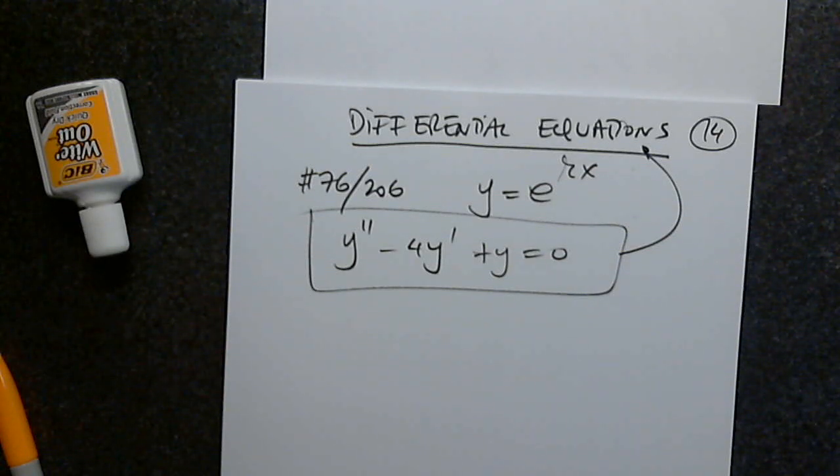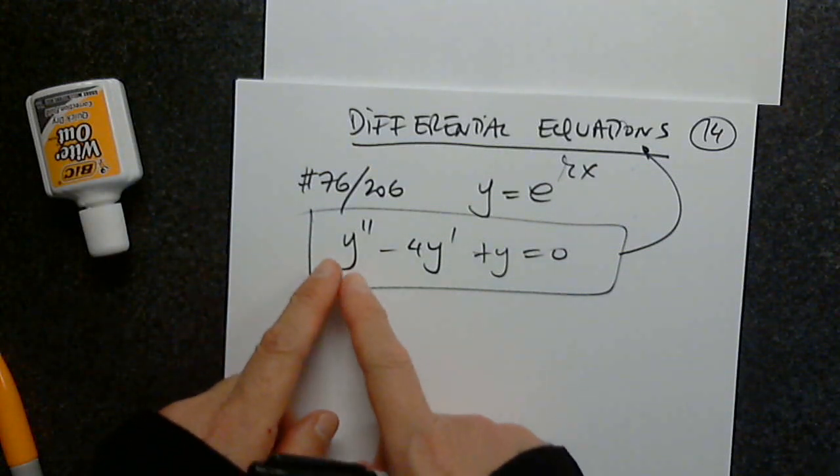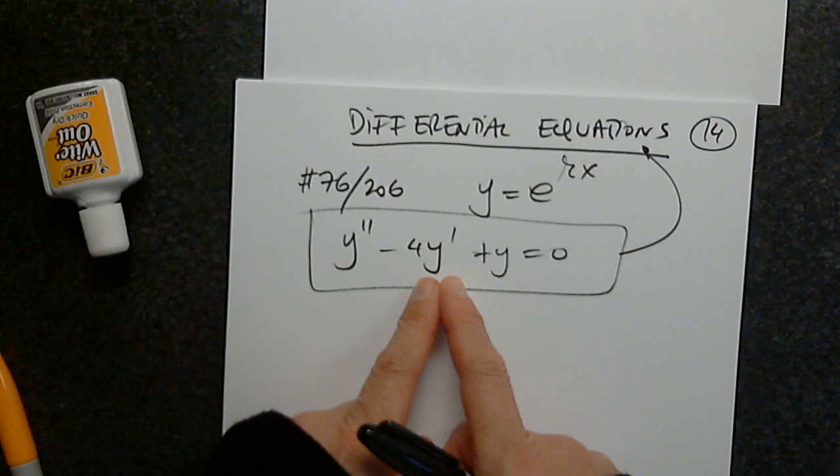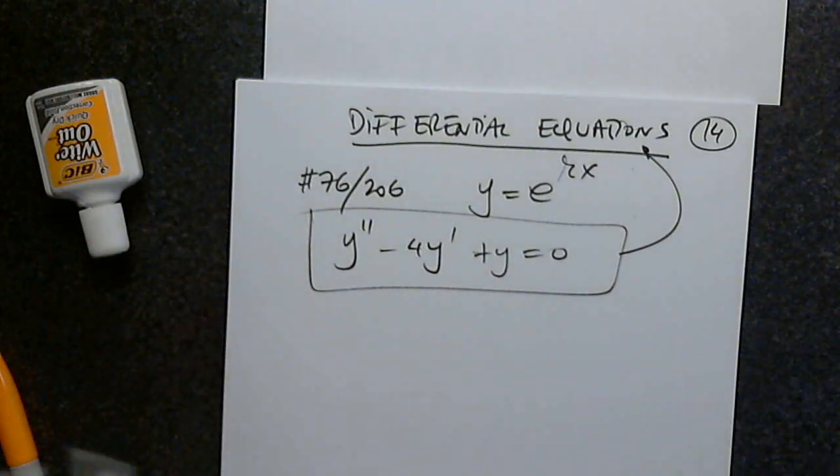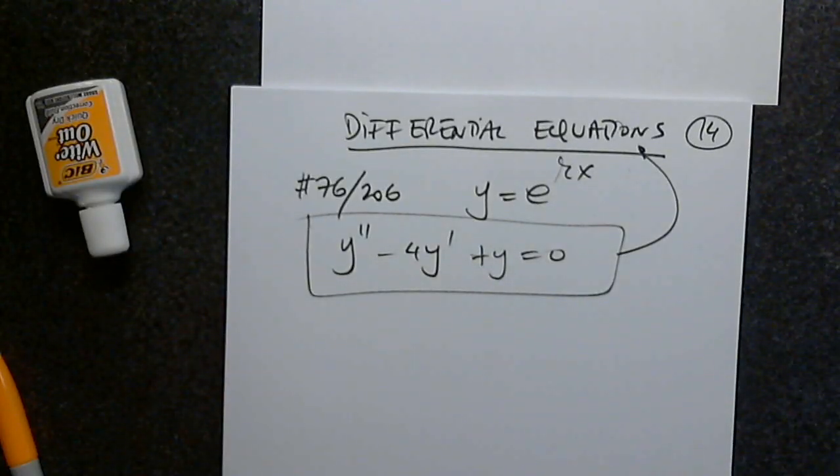It has derivatives in it: the second derivative of the function, the first derivative of the function, and the function itself. So the question is asking us one more time, for what values of r does this function satisfy the equation? Okay.